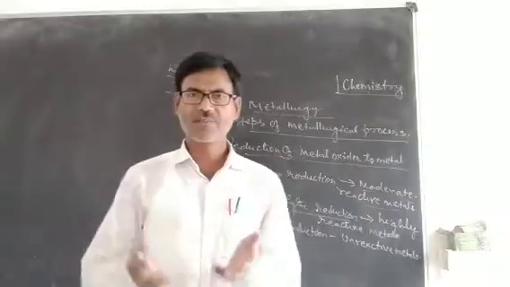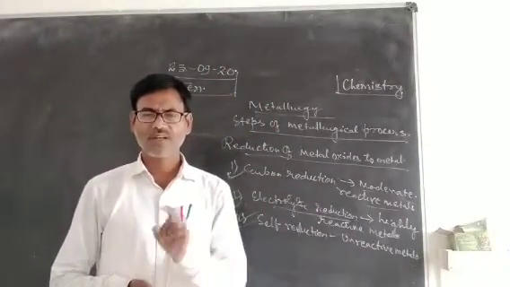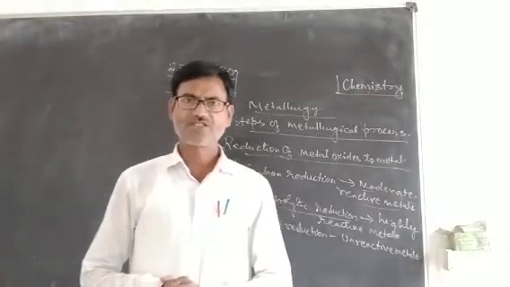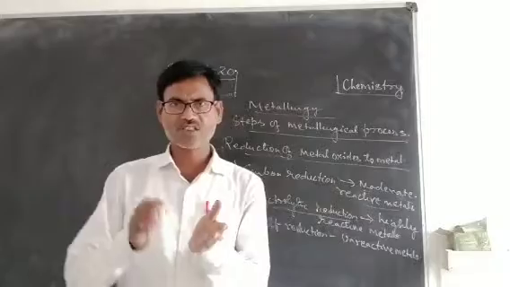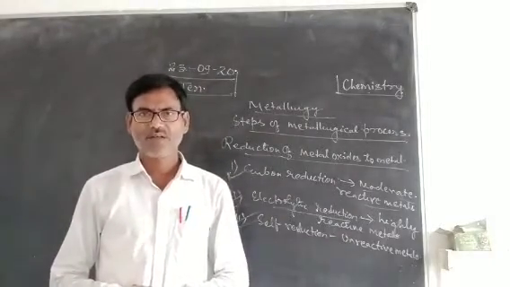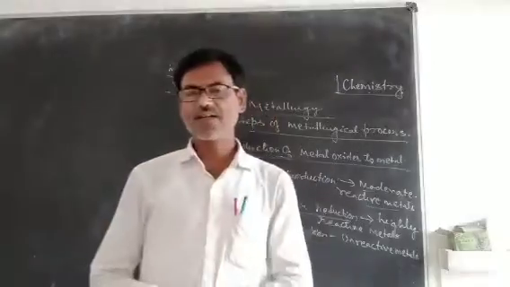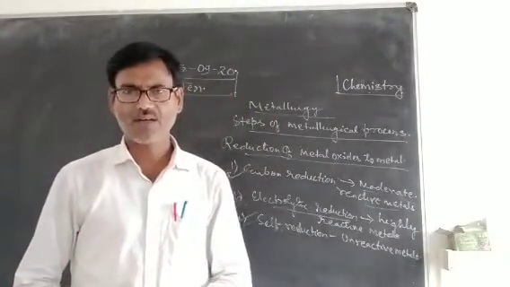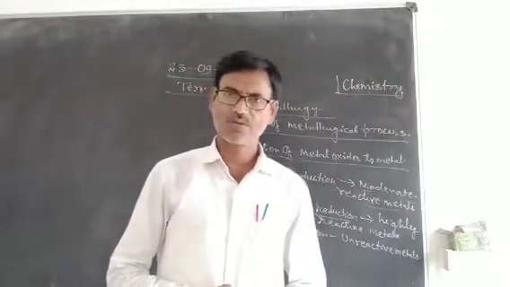Now in furnace the mixture is heated strongly. The flux along with gangue fuse together to form a fusible mass called slag. And the metal oxide is reduced to metal by carbon, means coke.